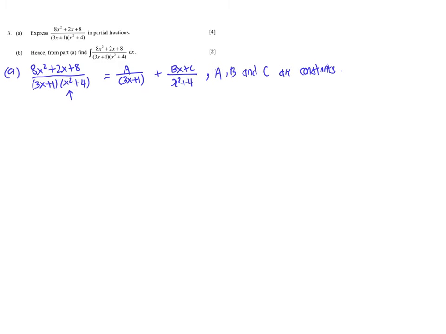So from here on, I'm going to combine our right hand side into a single fraction, and I'm going to use a bit of substitution and comparing coefficients to give me my values of A, B, and C. For our right hand side, with a common denominator, I should have A(x squared plus 4) plus (Bx plus C)(3x plus 1), the entire thing over (3x plus 1)(x squared plus 4), and my left hand side remains unchanged.